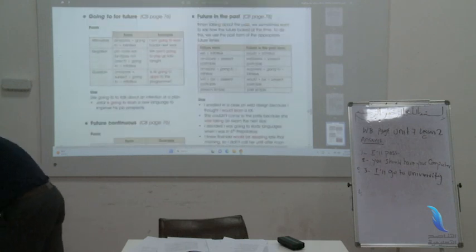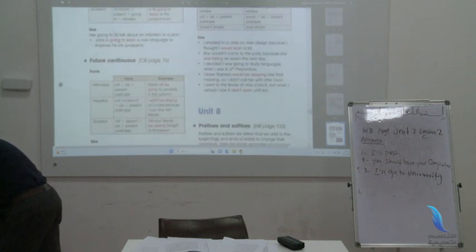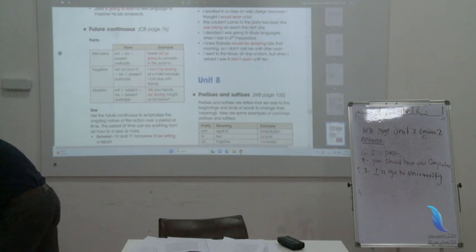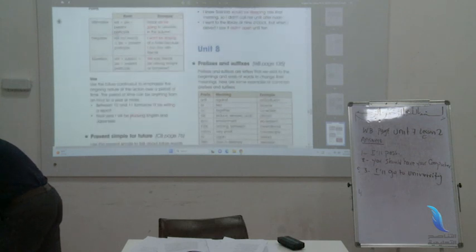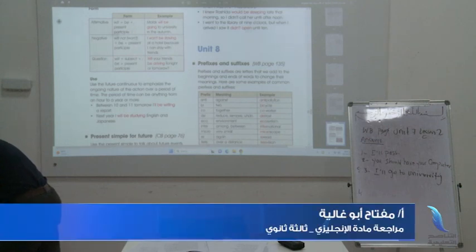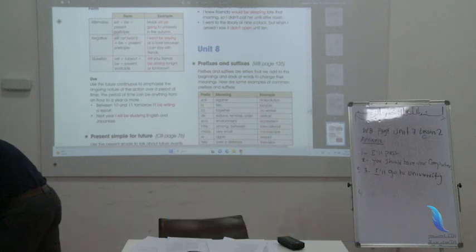Also, the continuous has to do with the future. Future continuous. How do I form future continuous? Very simple. Will plus be plus present participle. I will be doing. Malik will be going to university in the autumn.